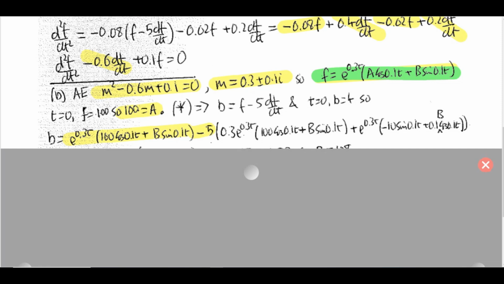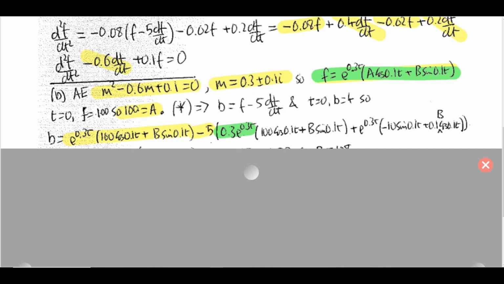So df by dt: if you differentiate e to the 0.3t, you get 0.3 e to the 0.3t times, inside the bracket, a, which is 100 cos 0.1t plus b sine 0.1t.